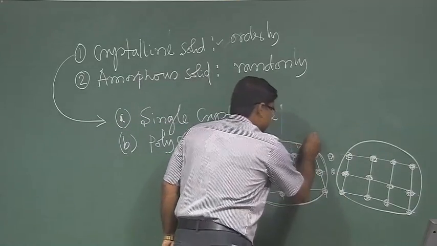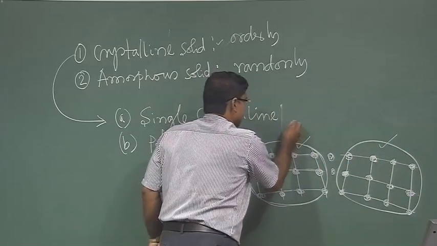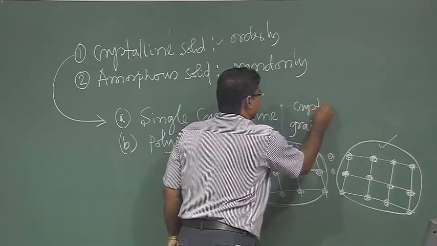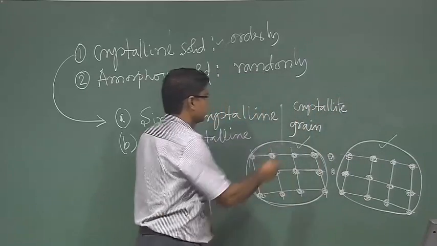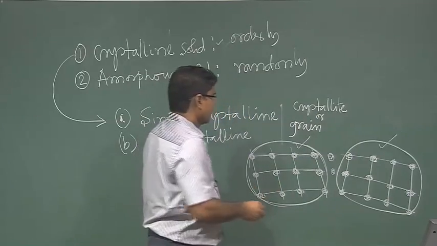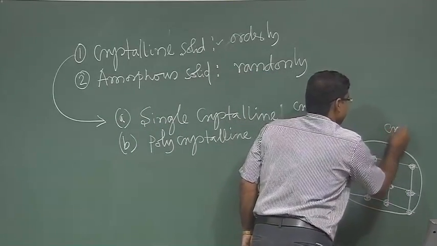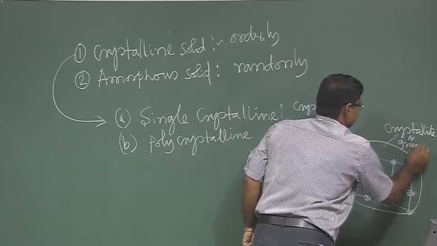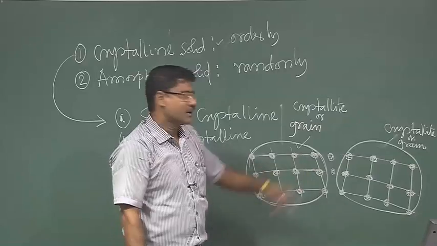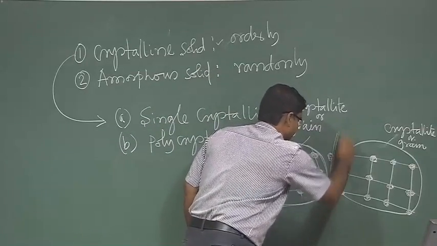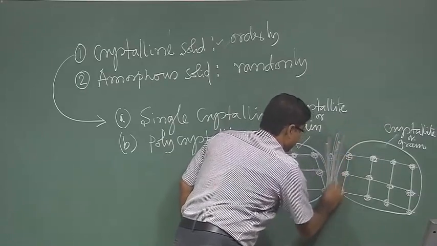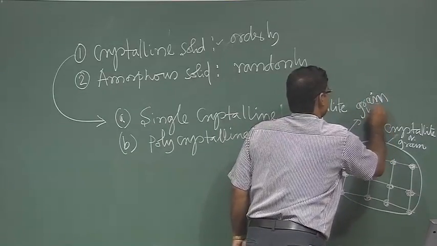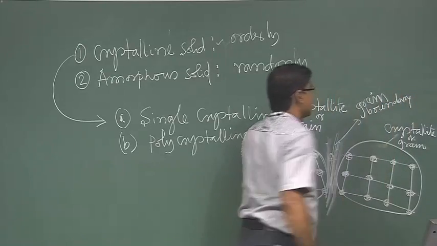These regions are basically called a grain or crystallite, and this also is a crystallite or grain, and between these two grains there is a boundary, which is called a grain boundary.